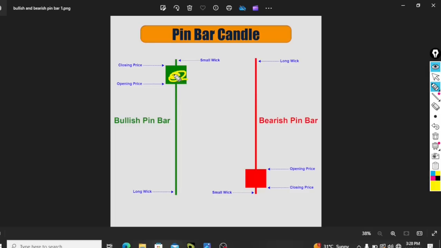What matters is that it has a long tail and it has a small body. That is just what I want you to take note of.